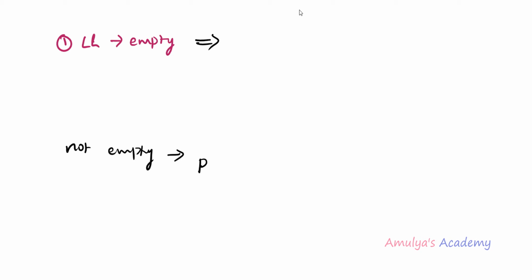To add the element to the empty linked list, the first step is you need to check whether the linked list is empty or not. If it is empty, then we'll write the code. If it is not empty, we'll just print a message that it is not empty. Here we want to add the node when the linked list is empty, so this condition needs to be satisfied in this method.